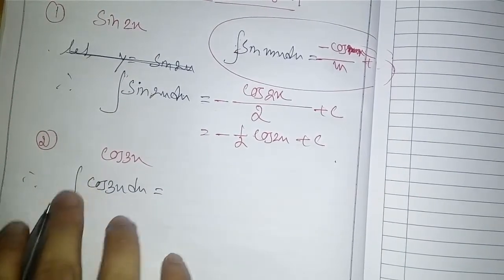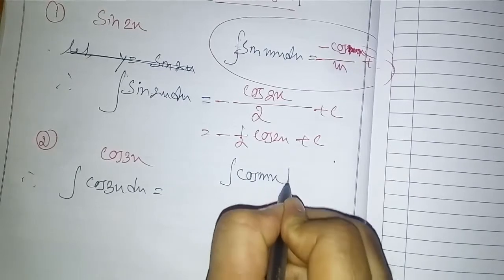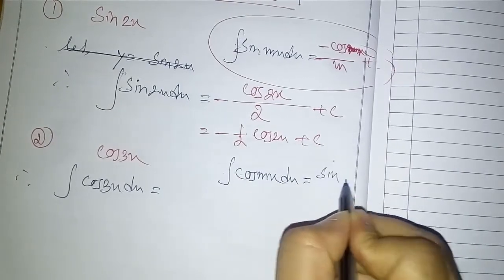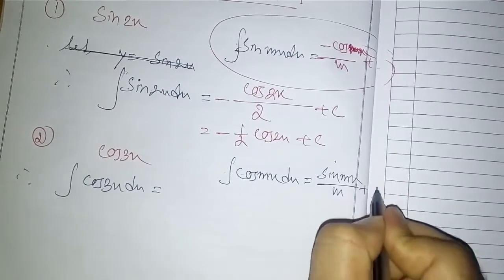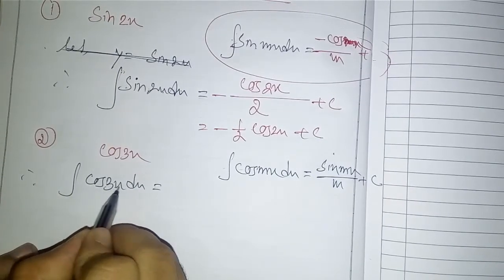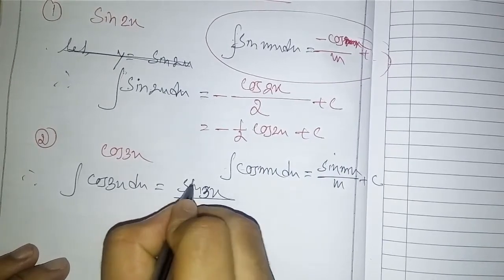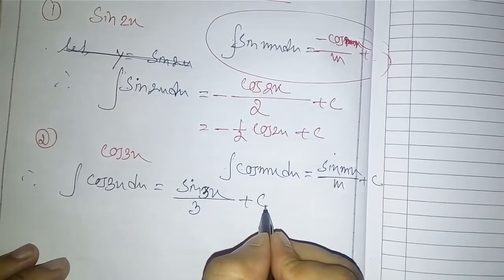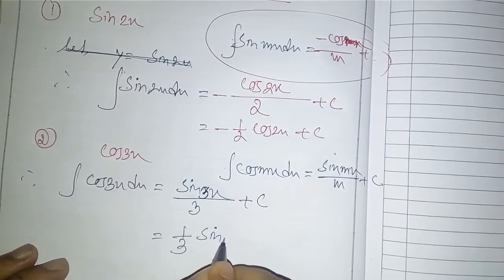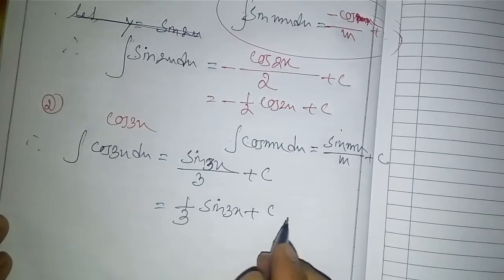The formula for integration of cos mx dx is sine mx divided by m plus c, where c is the integration constant. So here it equals one third sine 3x plus c.